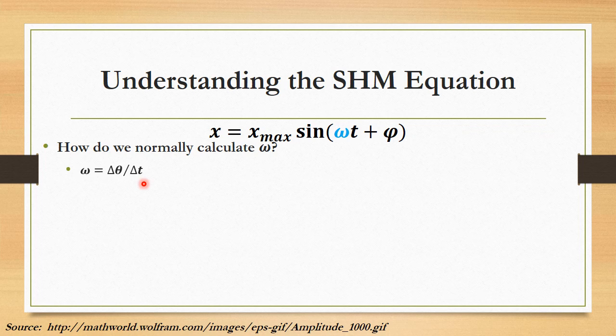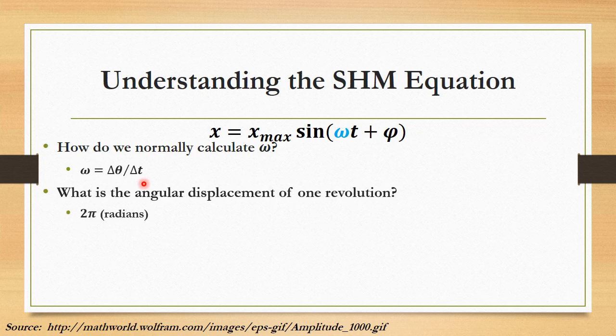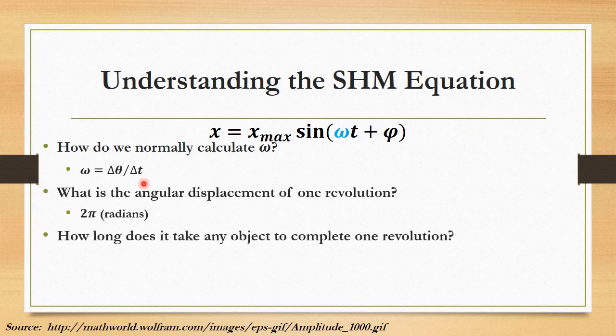So omega is delta theta over delta t. Well, what is delta theta? What is the angular displacement if you complete one revolution, one circle? Well, you could say 360 degrees, but we usually use radians, right? So how many radians are in one circle? 2 pi. There are 2 pi radians. And again, I put that in parentheses because radians aren't like a real unit. They're just a placeholder. What about the time, the delta t in the denominator? How long does it take any object to complete a revolution?